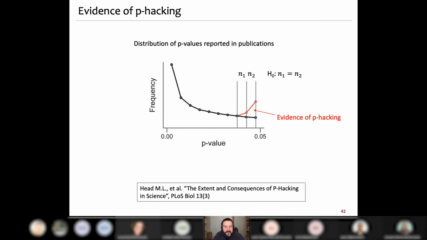The funny fact about this paper is that to show that there is an excess here, the authors looked at counts in two bins of p-values close to 5% and postulated the null hypothesis that these two counts should be equal. They did a statistical test and found a p-value, proving that other p-values are wrong.